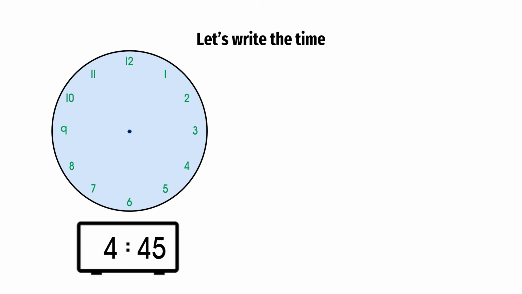For the next clock, how should we write 4:45? Yes, it's pointing to 4, almost 5, and the long hand at 9. Very good. So how do we say it in words?